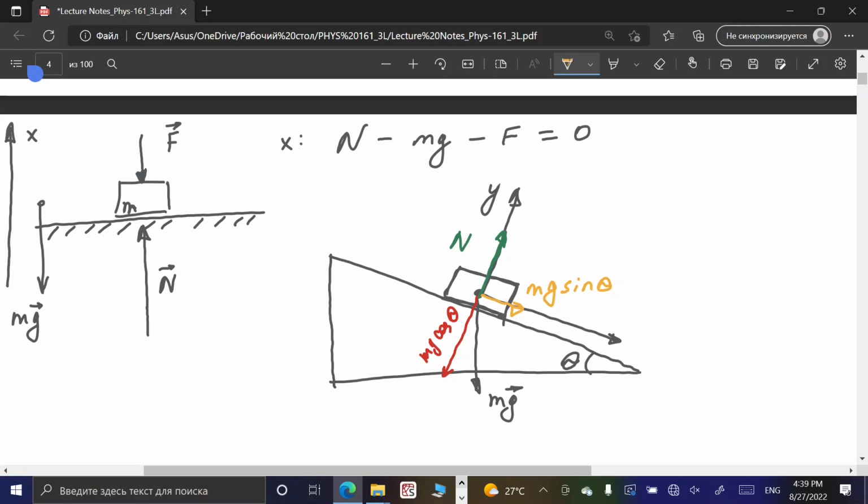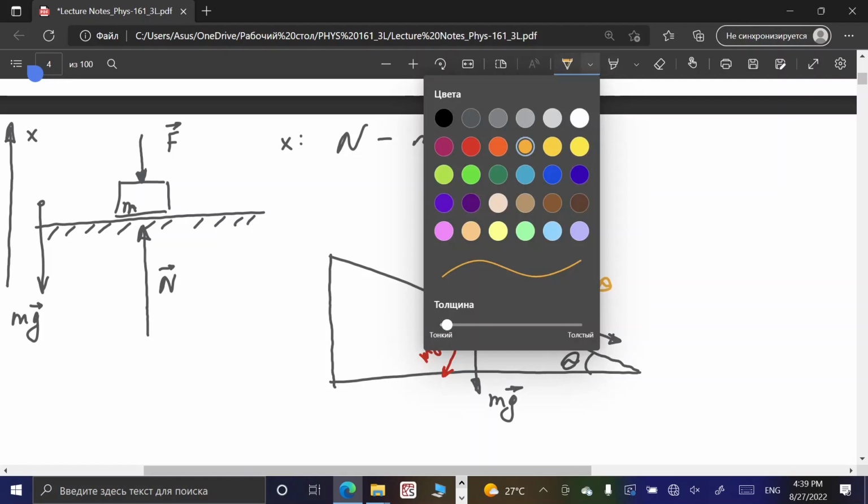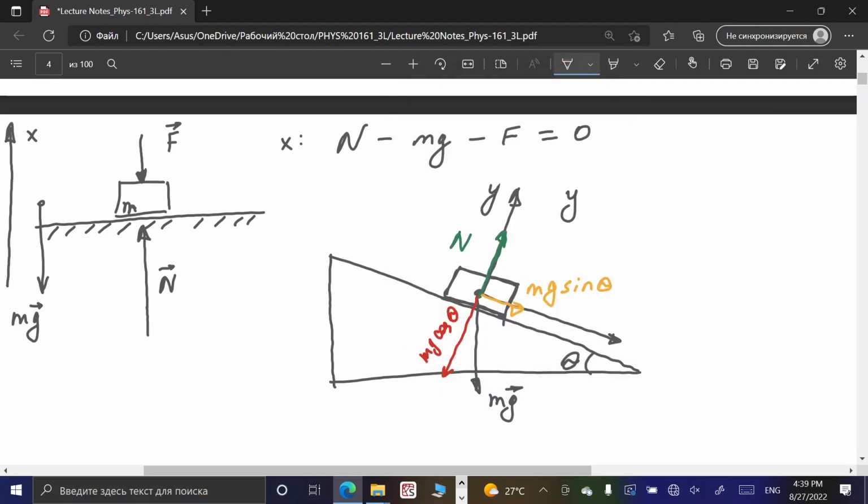equations for each direction, similar to what we did previously when we had only one direction. So for y direction, we can write that mg times cos theta is equal to, well, probably better to write it like this, minus, exactly.